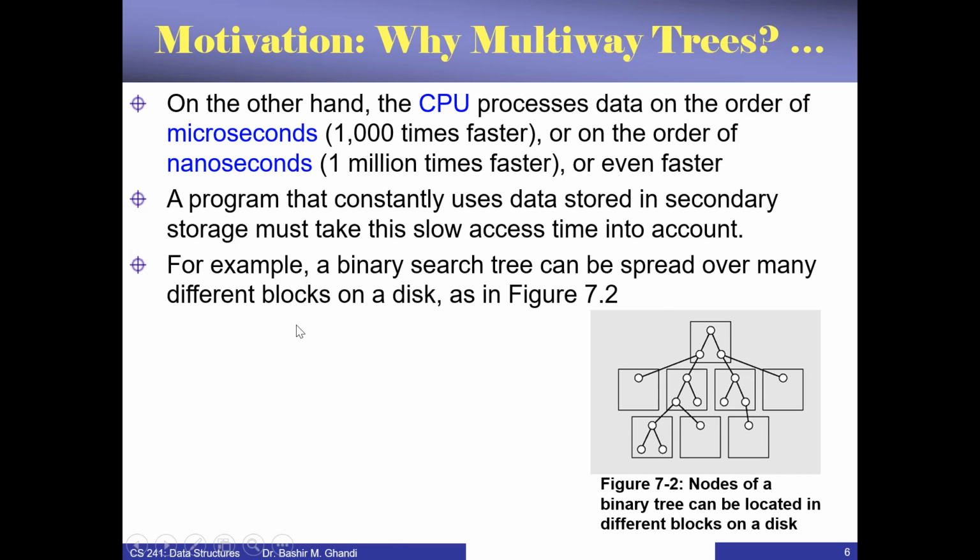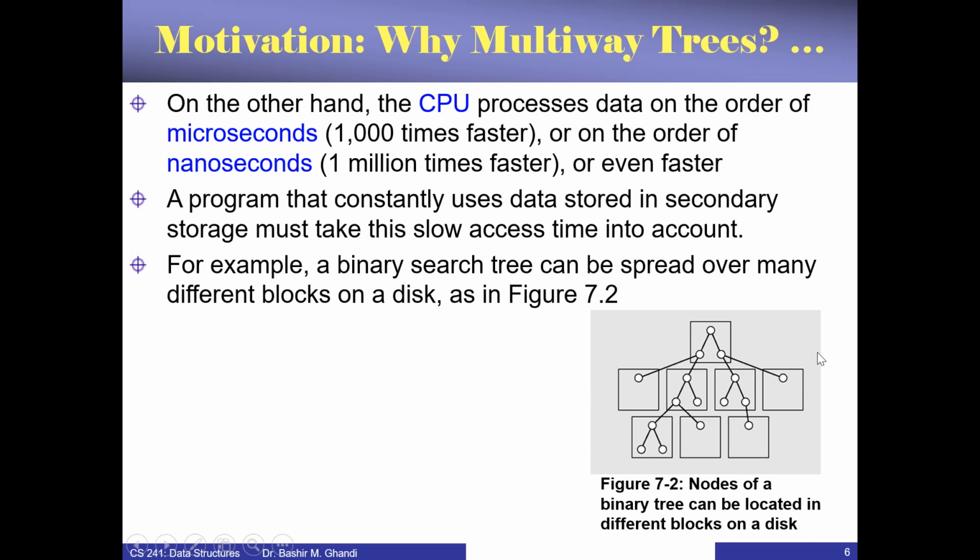Let's take an example of binary search. A binary search tree which has many nodes can be spread over many different blocks on a disk. Here, for example, you have 3 nodes in one block, another 1 node in another block, and so on.